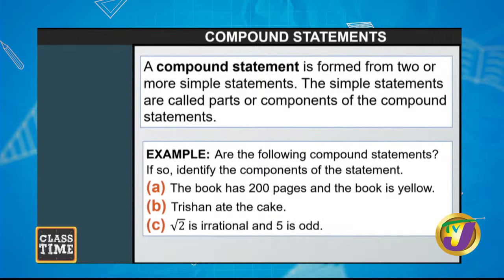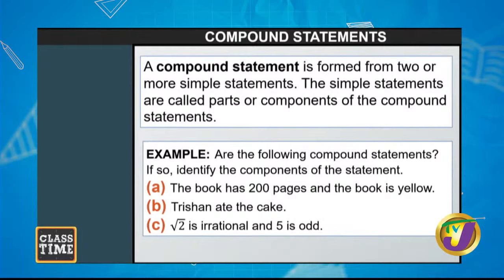Let's look at these examples. That will help you get a better understanding of a compound statement. It says, are the following compound statements? If so, identify the components of the statement.